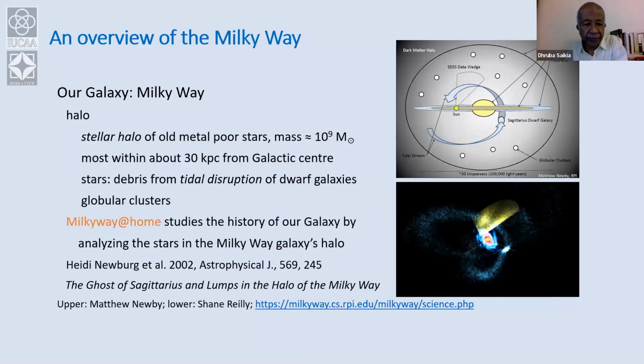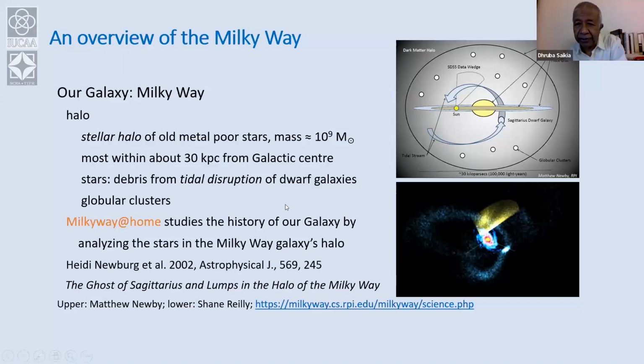The observational evidence for tidal disruption comes, for example, from observations of a dwarf galaxy called the Sagittarius dwarf. While looking at the Sloan Digital Sky Survey stellar counts, through a citizen science project called Milky Way at Home, which studies the history of our galaxy by analyzing stars in the Milky Way's halo, this was Heidi Newberg's paper in 2002, termed a ghost of Sagittarius and lumps in the halo of the Milky Way.